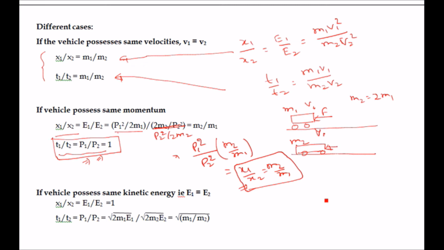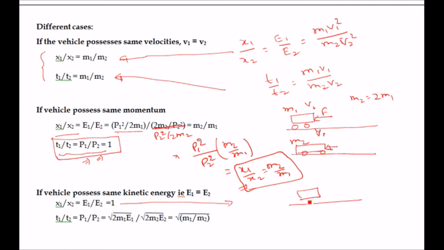Similarly, if the vehicles have the same kinetic energy, that is E1 is equal to E2, then the stopping distance will be the same for the same stopping force.